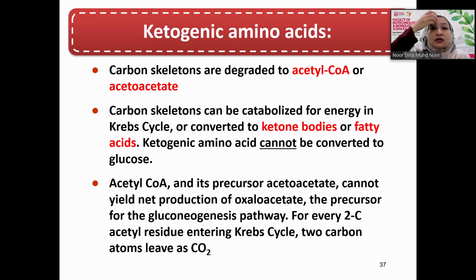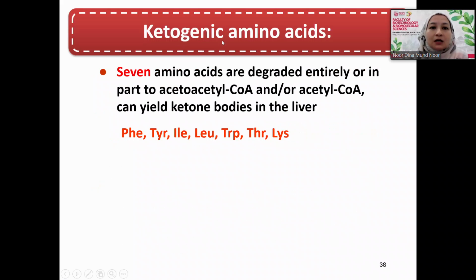Those amino acids that are ketogenic are going to be degraded into acetoacetate, and they will be oxidized into ketone bodies. And these are the 7 amino acids that are going to be degraded entirely into acetyl-CoA and ketone bodies in the liver.